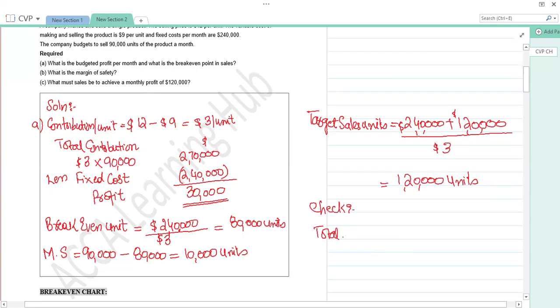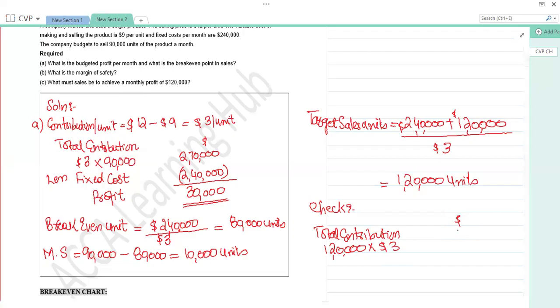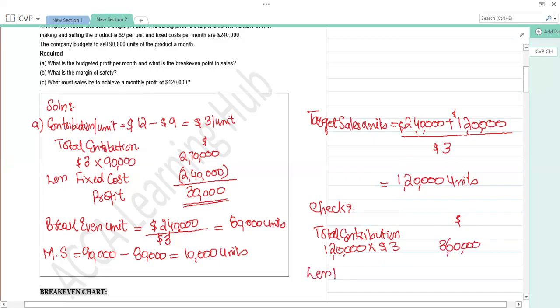I will get the total contribution now for the 1,20,000 units. 1,20,000 into contribution per unit, that is 3, you will get 3,60,000, less fixed cost.